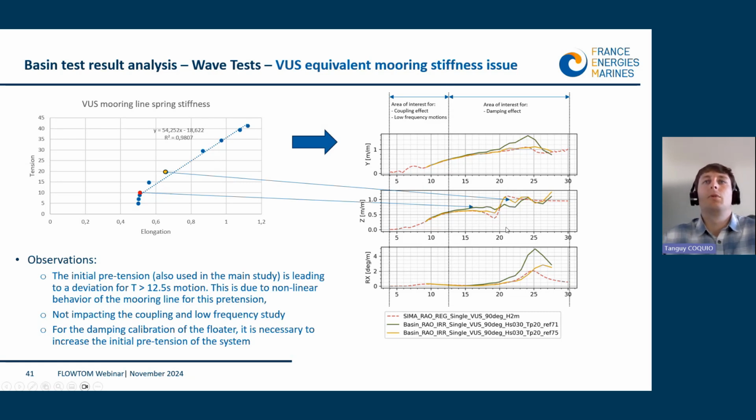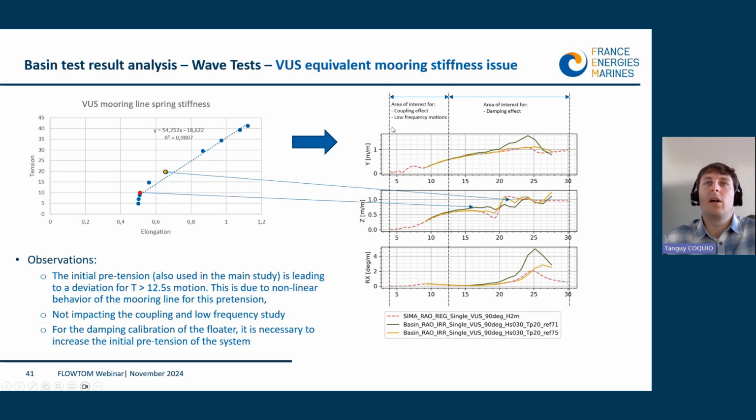So we have to be very careful with the results presented after this section, because this part is very tricky due to the stiffness of the spring. Fortunately, we are interested in two main effects, which are the coupling effect and the low frequency motions.